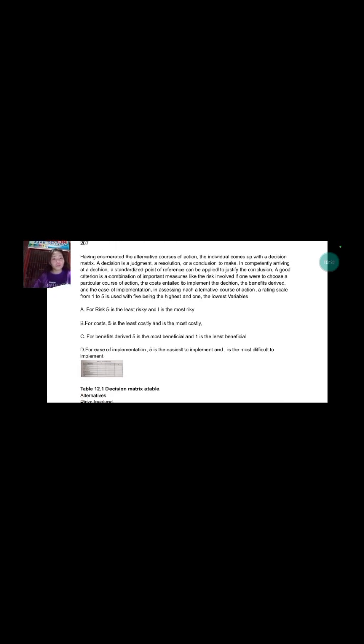So first, for risk, 5 is the least risky and 1 is the most risky. For cost, 5 is the least costly and 1 is the most costly. For benefits derived, 5 is the most beneficial and 1 is the least beneficial.